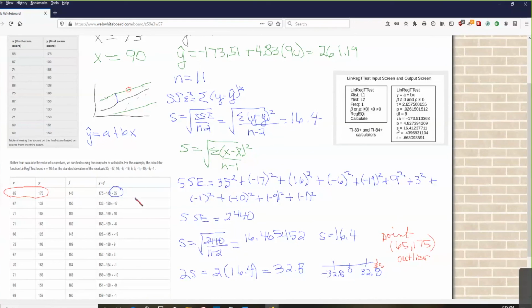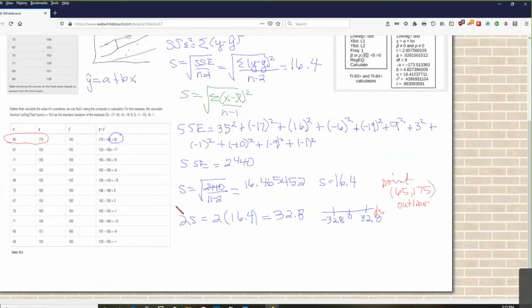And you can also take it out and do your calculations and compare with and without so that you can see how that outlier is affecting your best fit line or any of your other data. So just for theory, let's suppose that our point 65, 175 is an error.